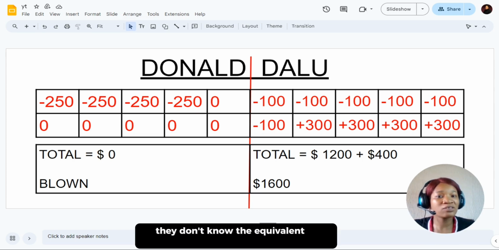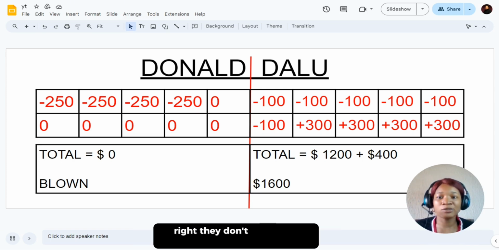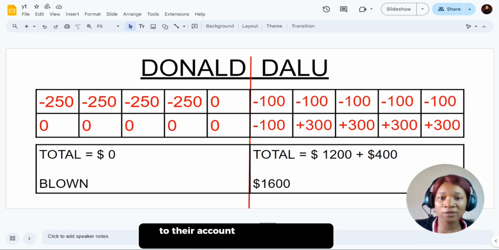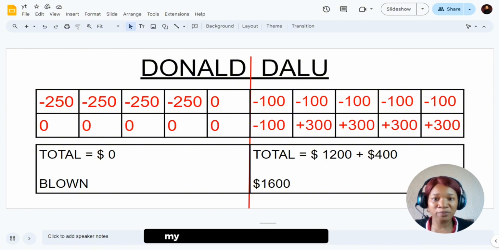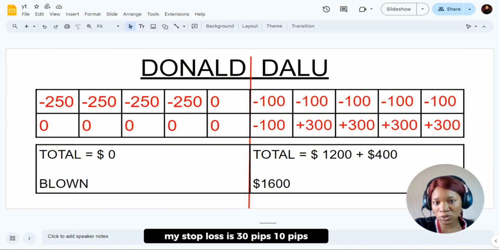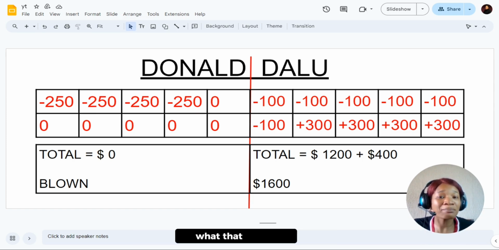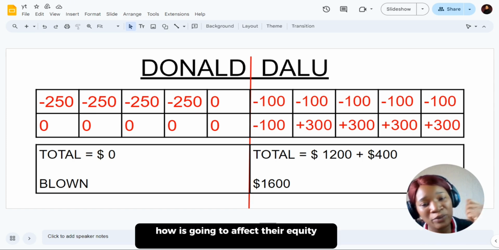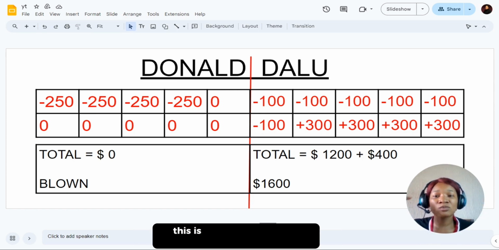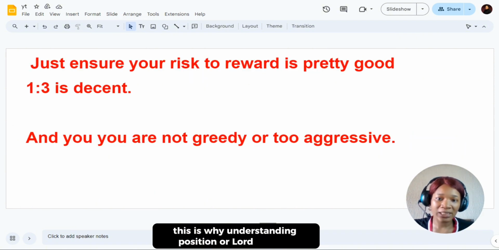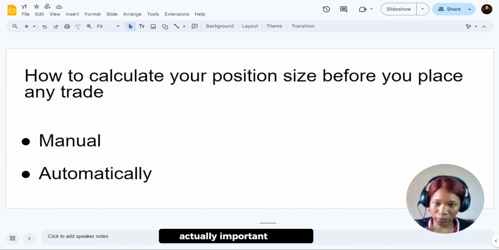They don't know the equivalent of that amount of pips, or the implication of that to their account. So they are just saying 30 pips, my stop loss is 30 pips, 10 pips, 20 pips, 50 pips. They don't really know what that means, how it's going to affect their equity. All right. So this is why understanding position or lot sizing is actually important.